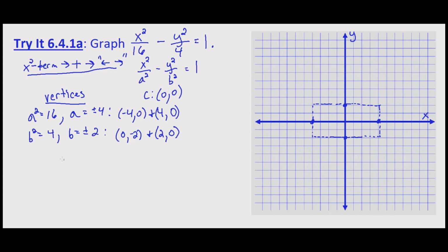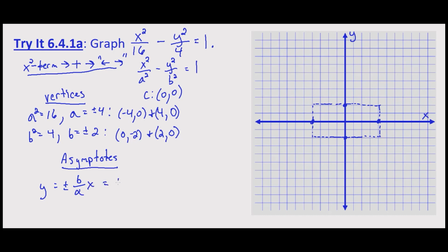So we're going to find the asymptotes. That box is just kind of a guide, or you could look at it as we're finding the equations for the asymptotes to check our box. The asymptotes are going to be y equals plus or minus b over a x.